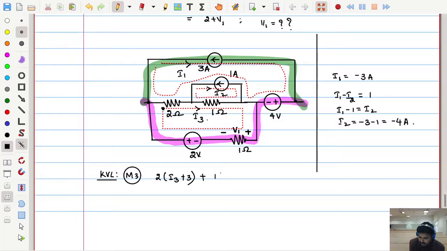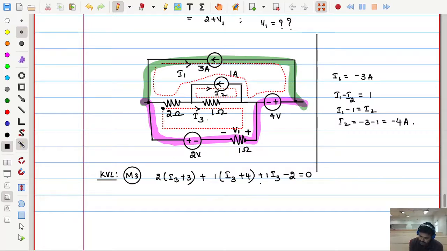Plus 1 into (I3 minus I2). The I2 value is also already known, so minus plus 4. Next, here nothing is there. Again here V1 is there, but V1 I can write as 1 into I3, minus 2 is equal to 0.